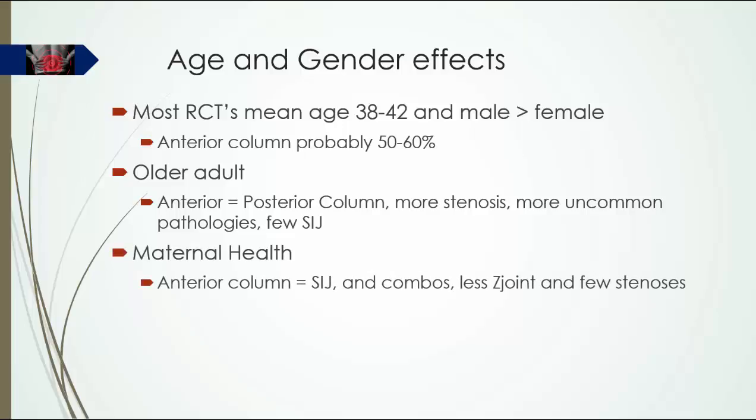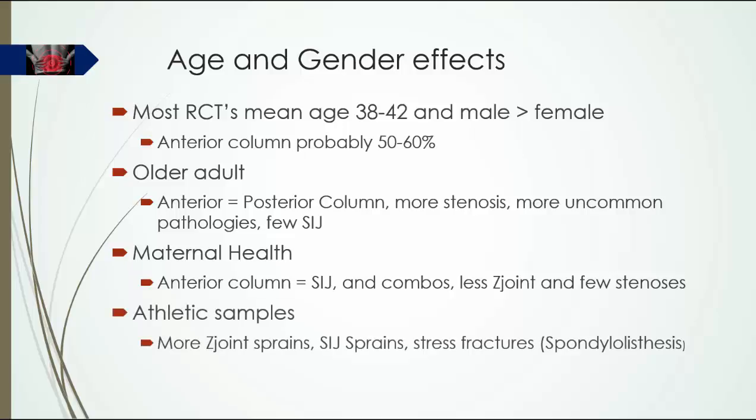During and following pregnancy, the sacroiliac joint is a very common source of pain, possibly similar in prevalence to the anterior column, with lowered prevalence of Z-joint stenosis and red flag conditions. In athletic samples, the prevalence of sacroiliac joint sprains and posterior column problems is higher.